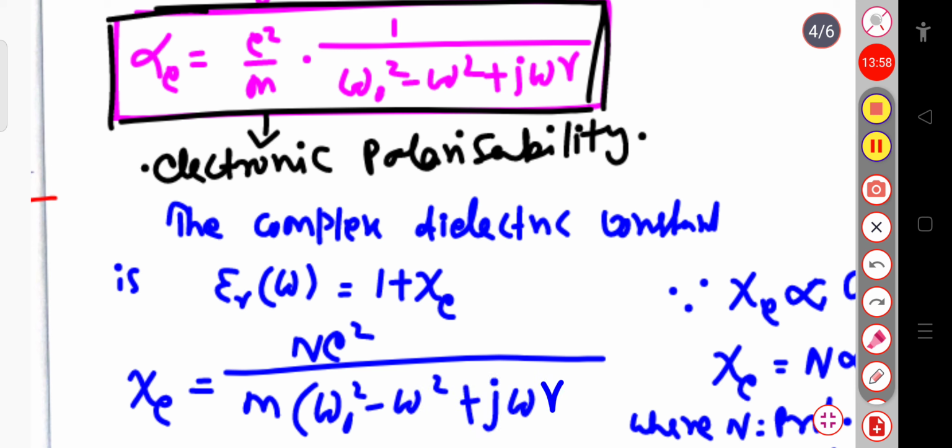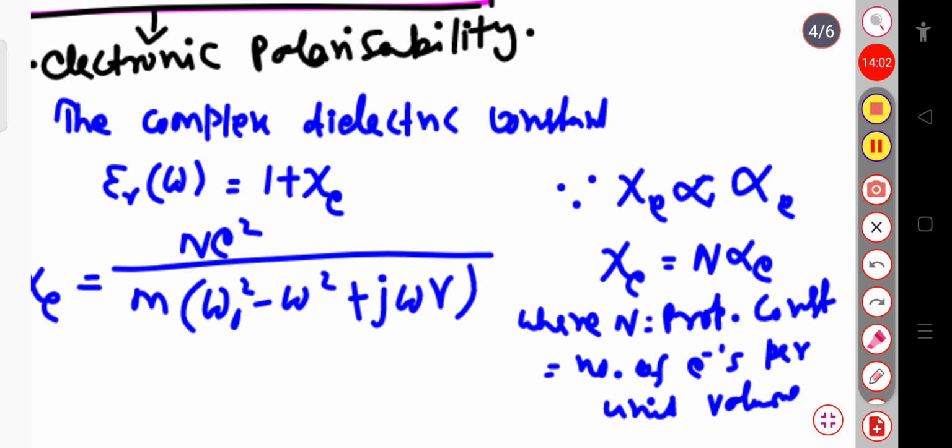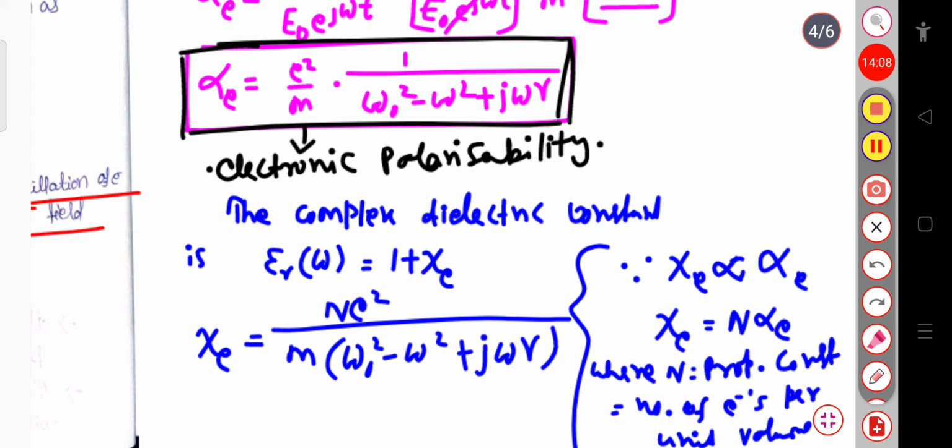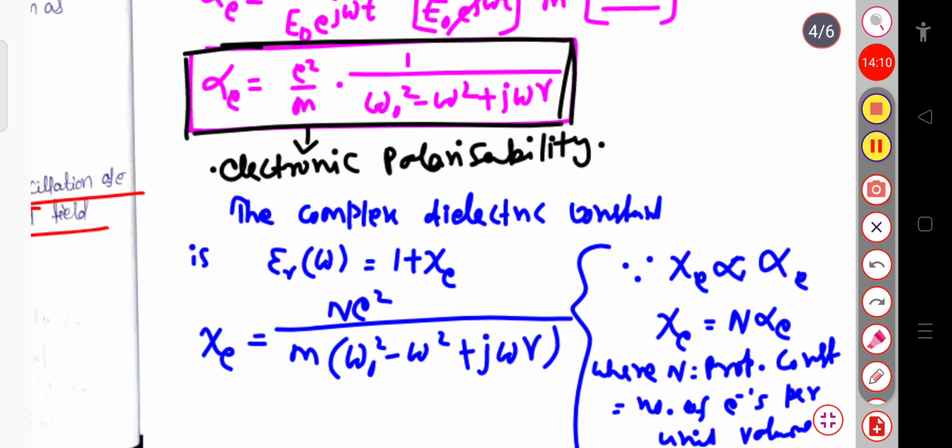Is that clear? Simply I have substituted the value of electronic polarizability, the alpha e value.